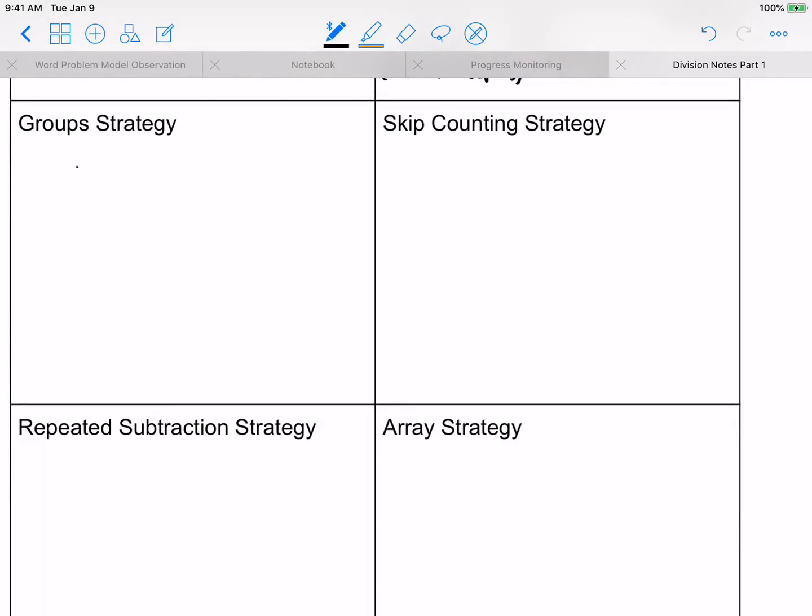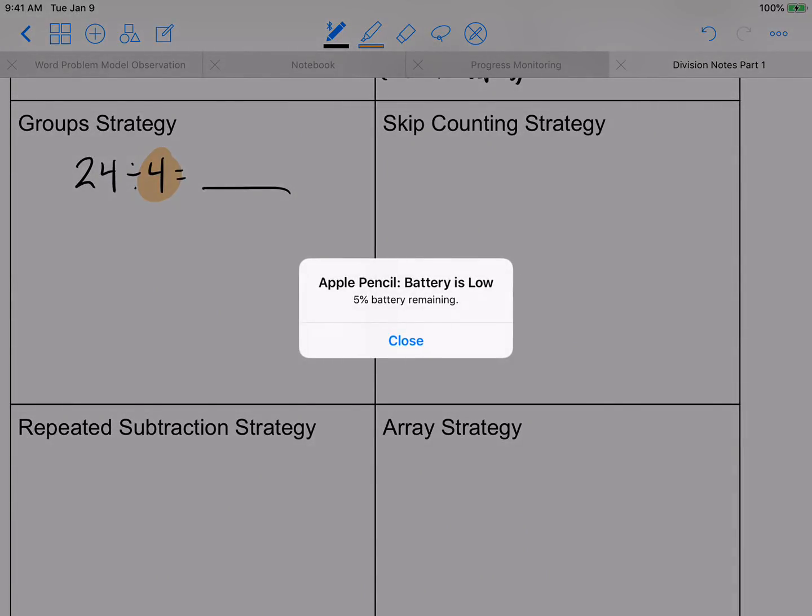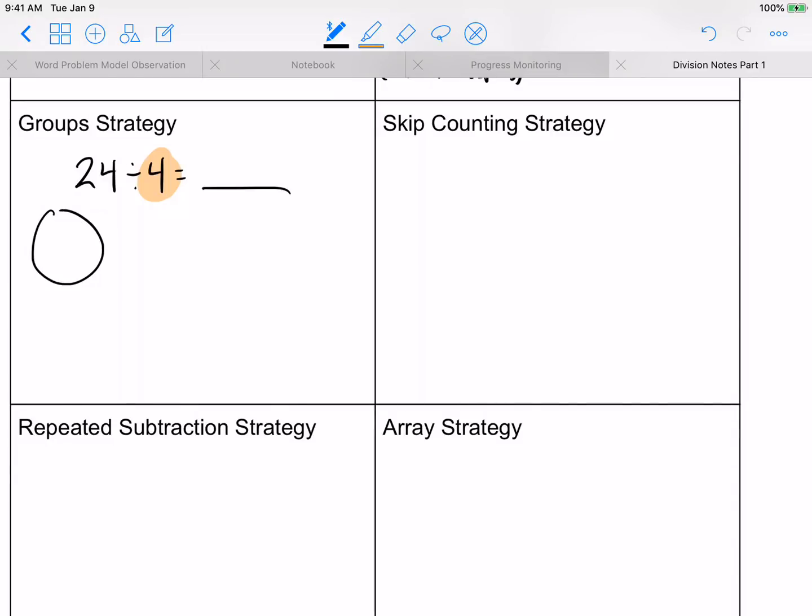So let's look at a strategy. If we have 24 divided by 4 equals something, we're going to draw equal groups. And again, division is the opposite of multiplication, so we have to have equal groups, which means the same number is going to be in each group. So we're going to draw 4 circles.